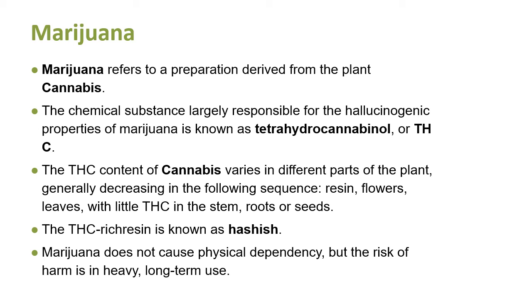And then the flowers and leaves have less THC, a little bit less in the stems, roots, and seeds. It is not a physical dependency drug, but there still is harm in heavy long-term use. There's harm especially if it's smoked, with lung damage. There are still issues, and there's concern that use by young users can damage development.